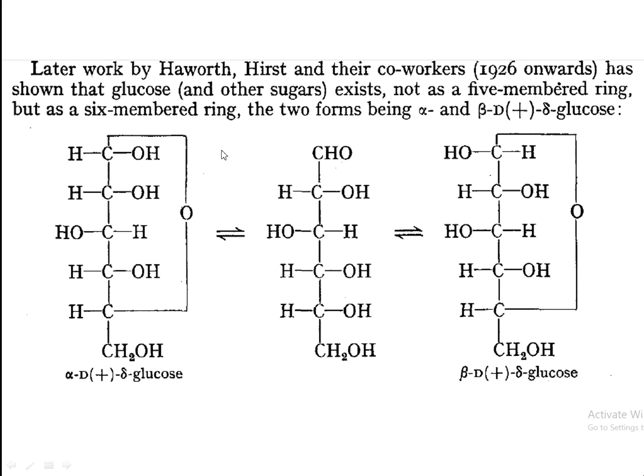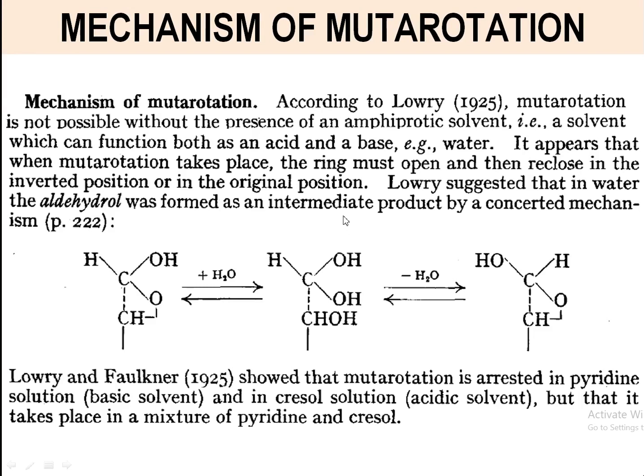We will also study how we determine the 5-membered or 6-membered ring systems. The two forms are alpha and beta D-glucose. As you can see in this structure, the 6-membered ring is formed by the combination of this OH and CHO of the glucose. Now, what is the mechanism of mutarotation?